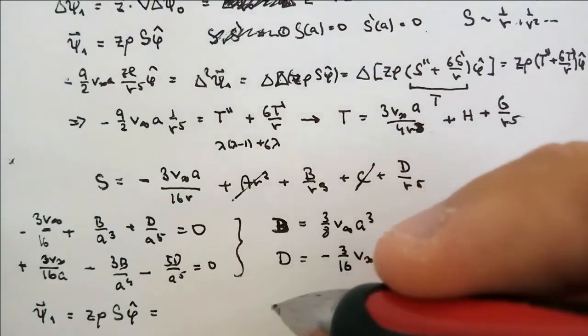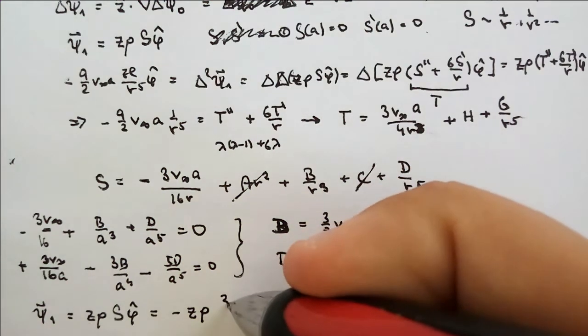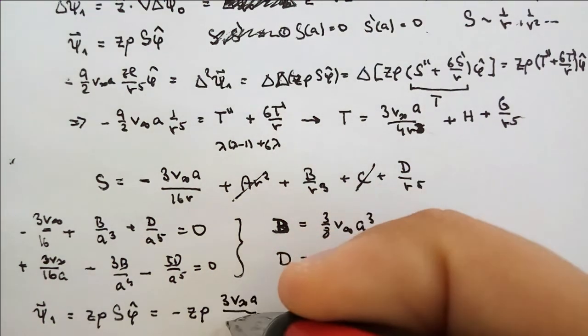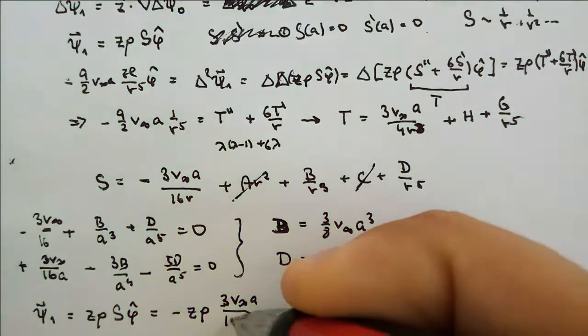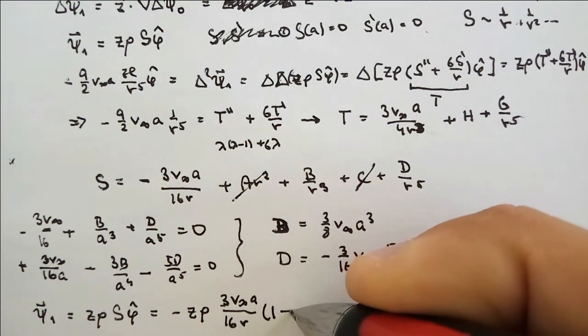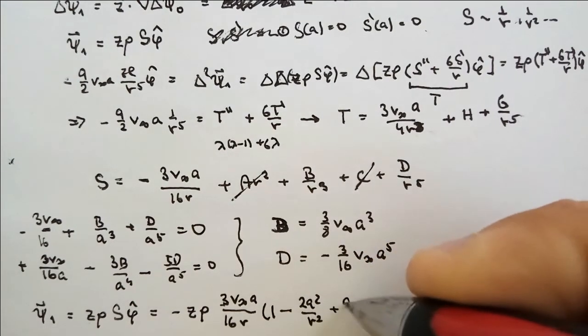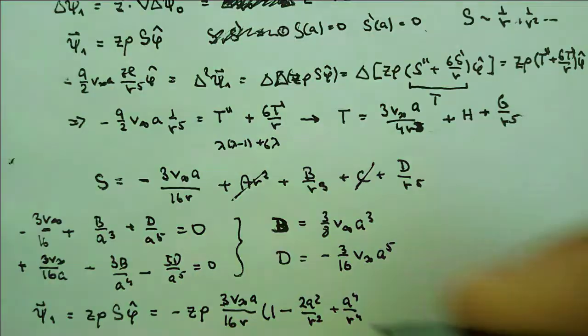It's minus 0 times 3 v infinity a over 16 r times minus 1 minus 2a squared over r squared plus a to the 4th power over r to the 4th power.